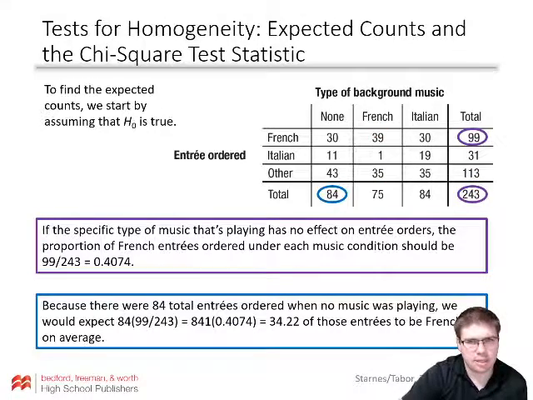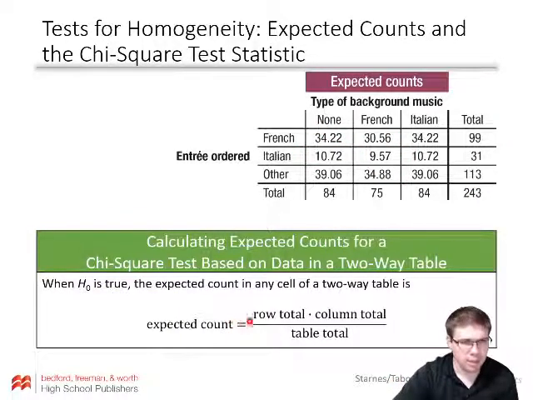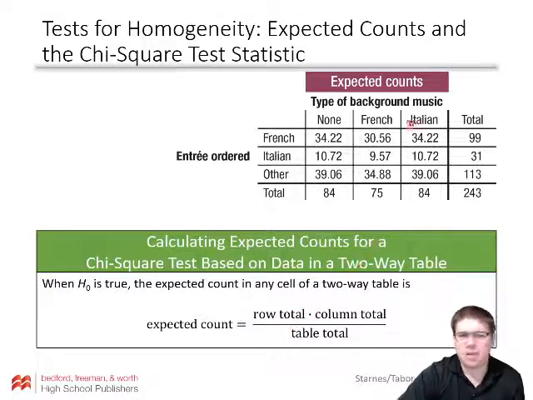And so we end up getting this way of calculating expected counts, and this is for our chi-square tests that use two-way tables, both our test of homogeneity and our test of independence. We'll get to those. They both use this way. You do your row total times your column total divided by your table total. That's the math of what we just did. We thought of it as row total divided by table total times column total, but you get the same thing.